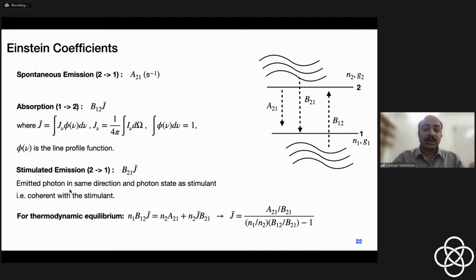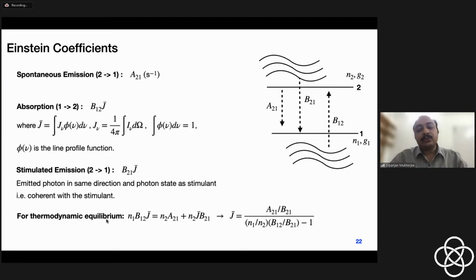So this is almost like a coherent emission. So this is the same description as absorption, but this can be thought of as a negative absorption. So absorption is you take out photons from the incident beam. Stimulated emission is you add to the beam. So this is like negative absorption, and I'll come to that soon.